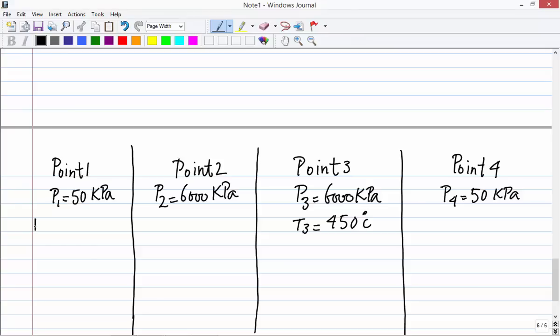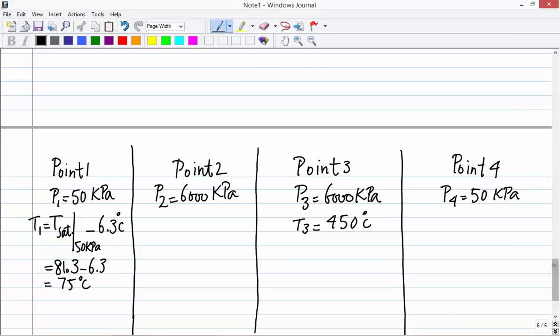So T1 would be the saturated temperature at 50 kPa, which is 81 from the table, minus 6.3, which would be 75 degrees C. This is T1. That's all we know.